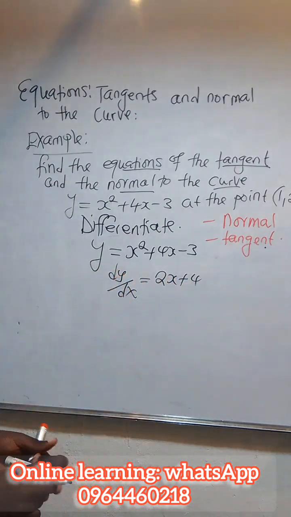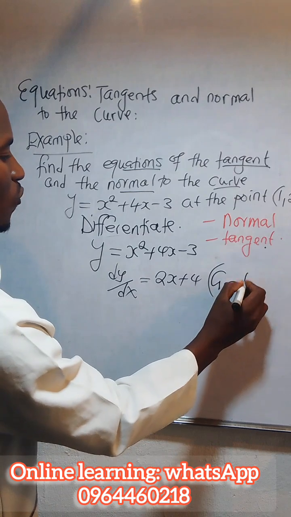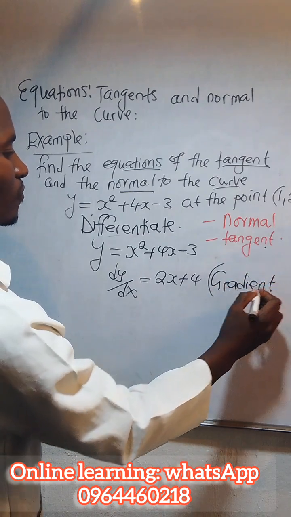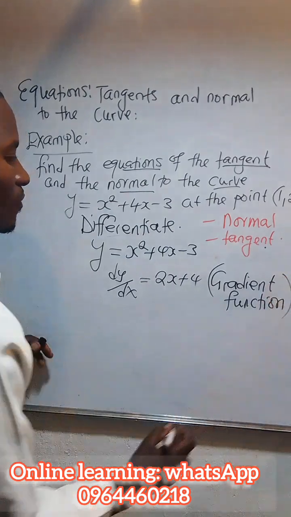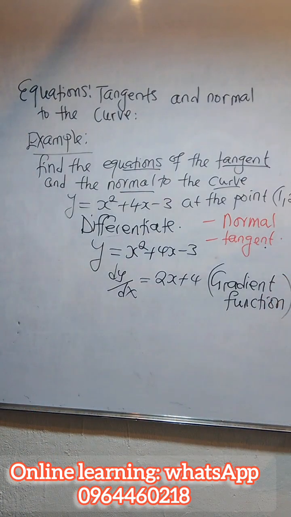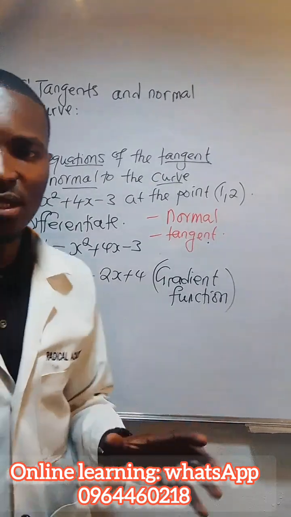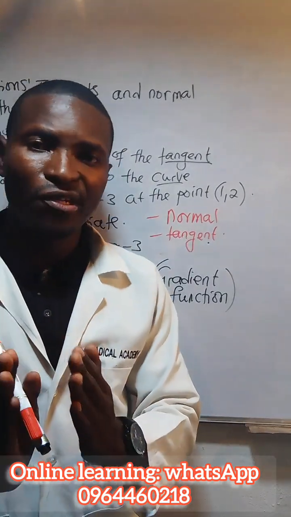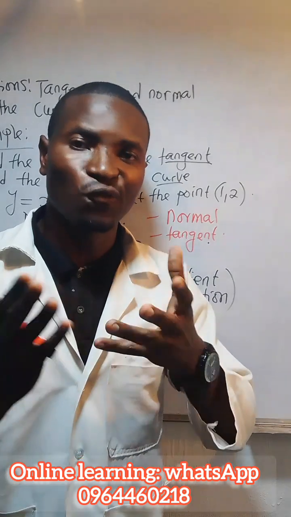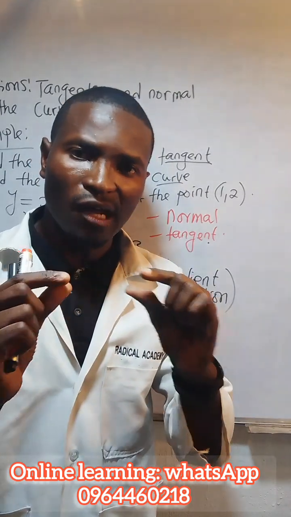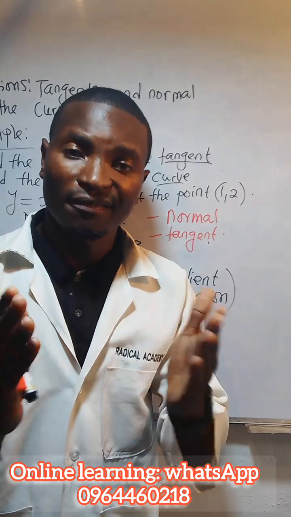Once you obtain this, this is what we call the gradient function. Every time you differentiate an equation or a function, the final answer is referred to as the gradient function.